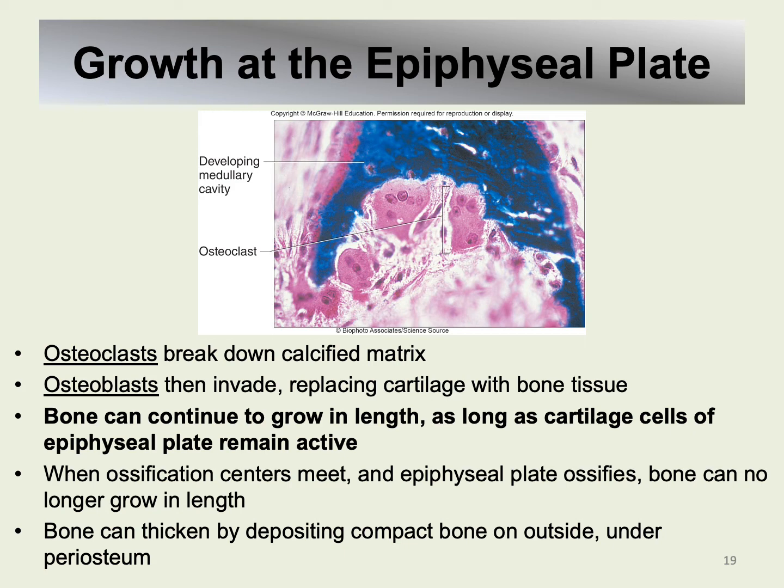Bone can thicken, however, by depositing compact bone on the outside under the periosteum. So when you break a bone, generally you repair through this channel, under the periosteum. You still have osteoblasts, and the osteoblasts will help you to repair your bone fracture.